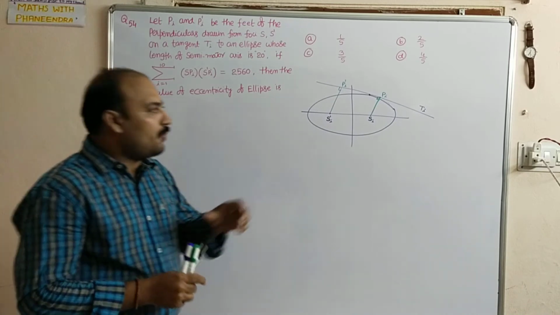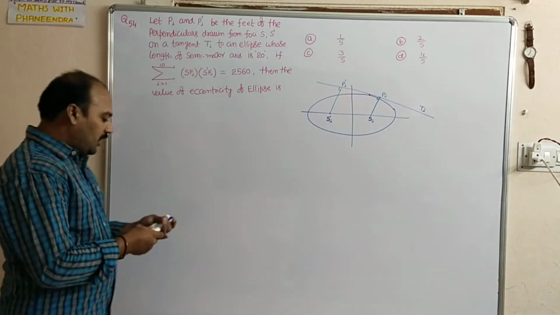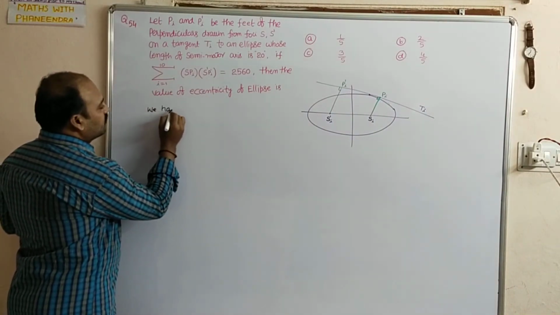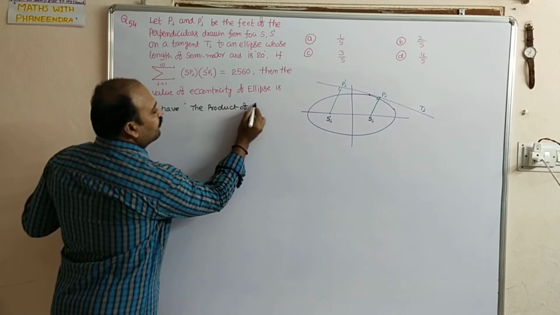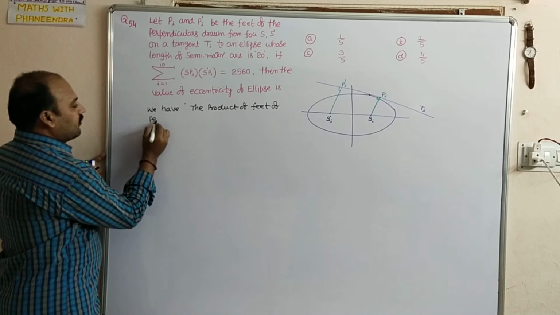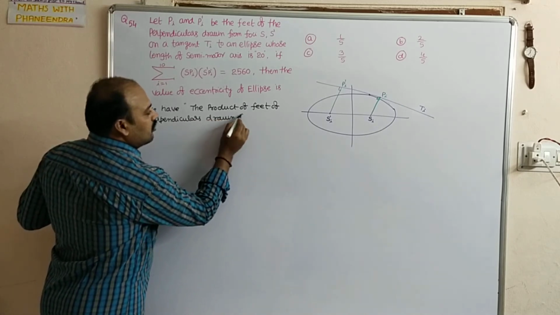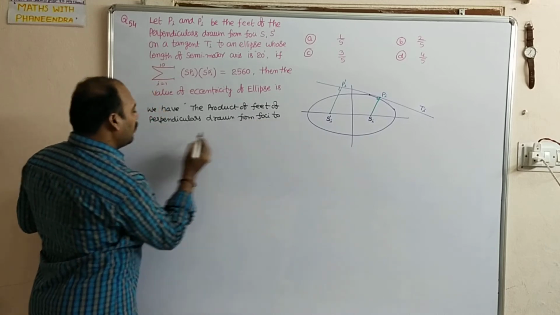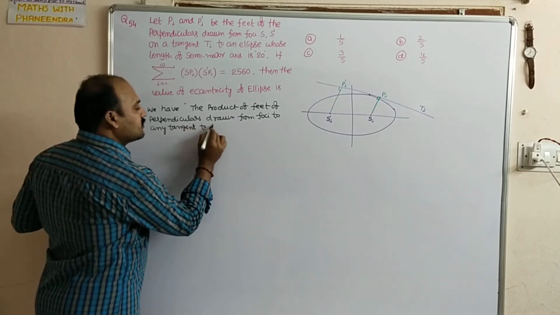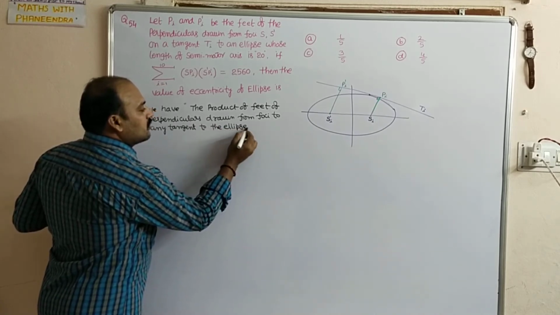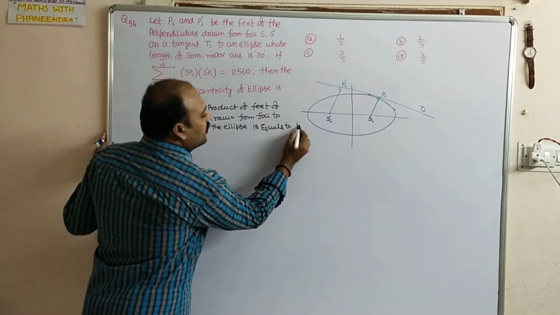We know that the product of the feet of perpendiculars drawn from the foci to any tangent to the ellipse is equal to b squared.